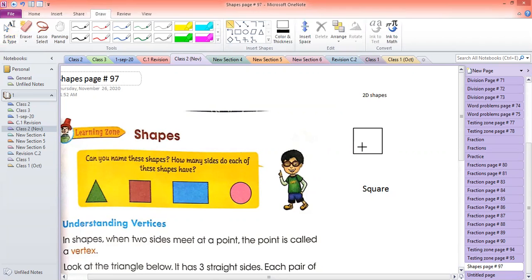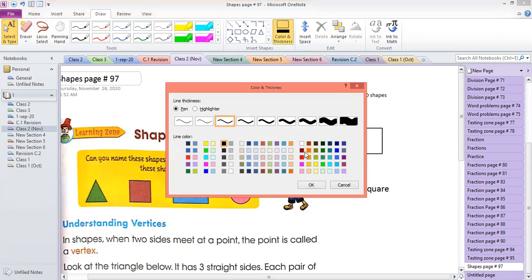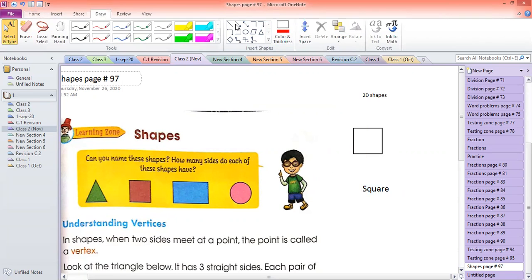Look here, guys, this is the first side, right? Let me change the color. Make it red. All right, guys, so how many sides are there? One. This is the first side. Then this is the second one. Two.